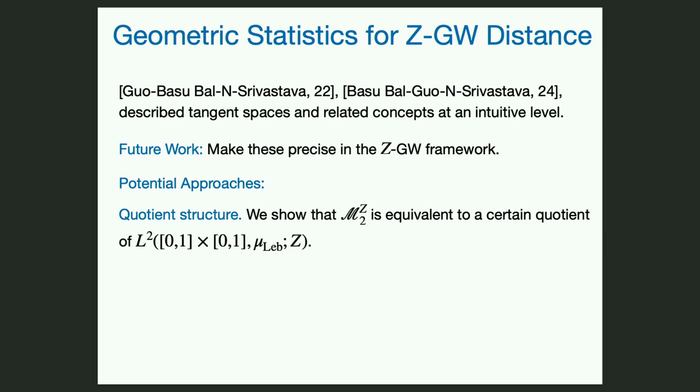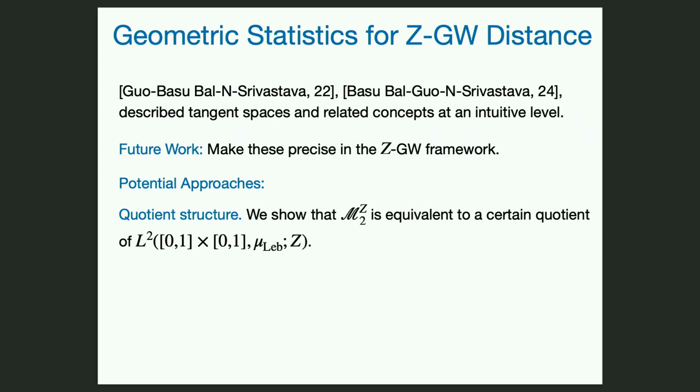And so how do you do this? The Z-Gromov-Wasserstein space is an infinite dimensional space, and the question is whether it has manifold structure, and if so, can you access it computationally? A couple of different approaches you might take. We showed that the Z-Gromov-Wasserstein space can be realized as a quotient of a Hilbert space.